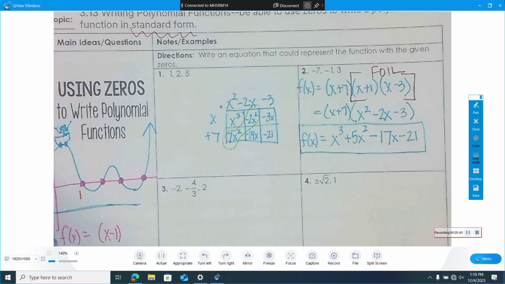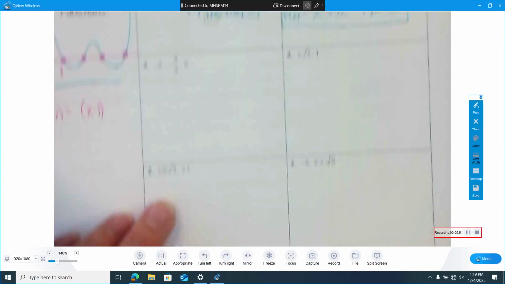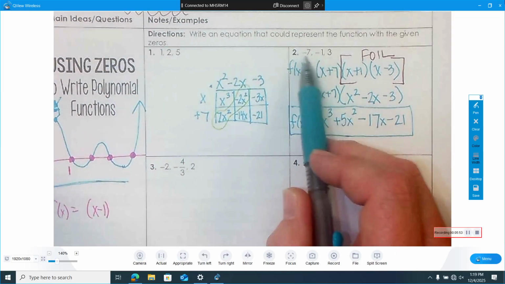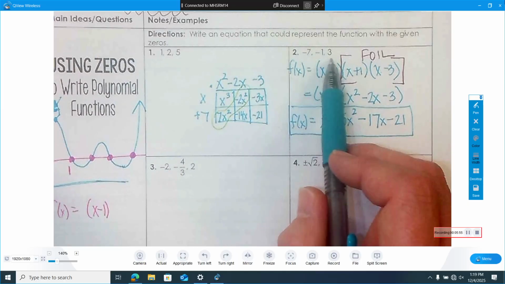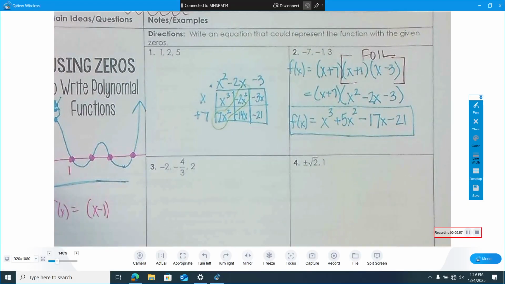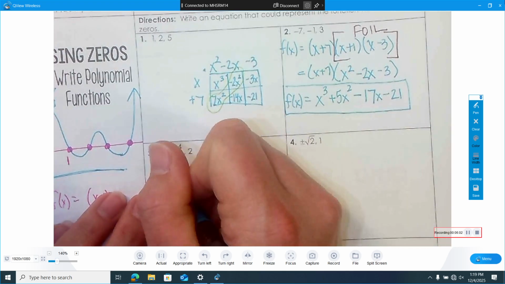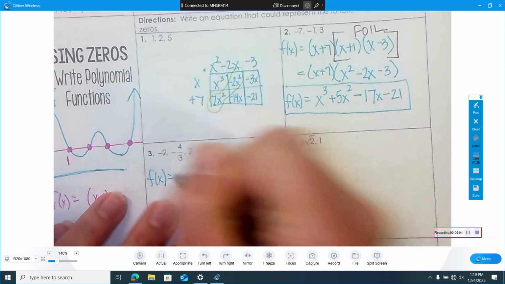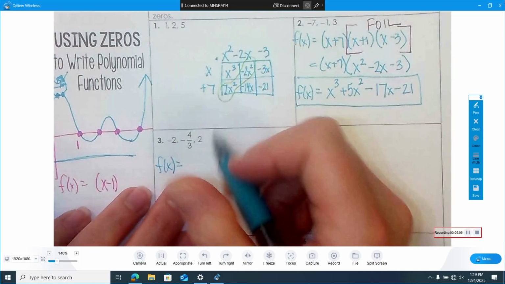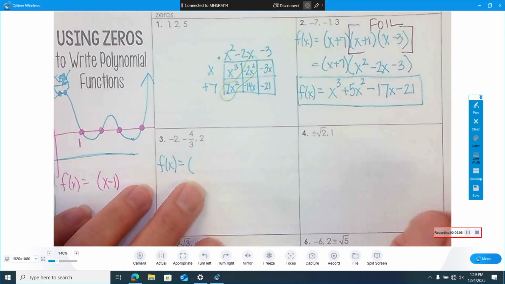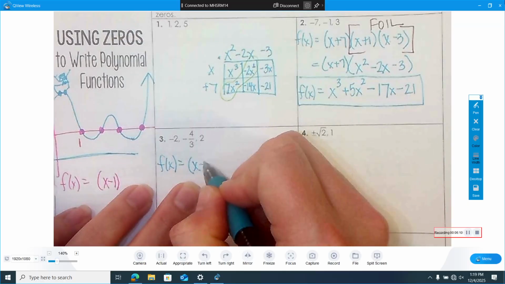Okay. So the other thing that happens is we get things like zeros that aren't whole numbers. Well, these were all nice, rational zeros. We're not going to multiply this one together, but let's just set this one up. I have a zero of negative 2, which means it came from what bubble? x plus 2.